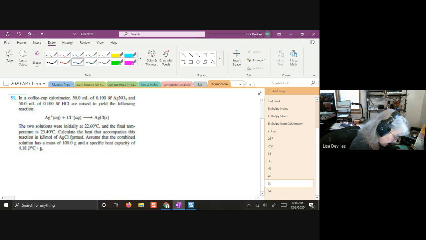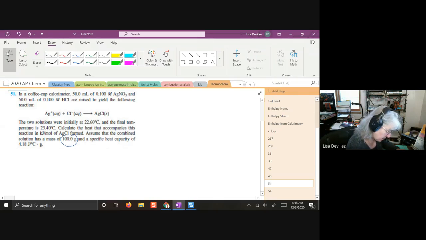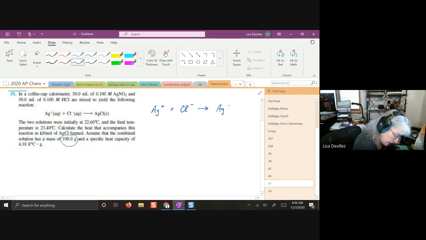This one is telling us to use a solution mass of 100 grams, and that the solution has the same specific heat as water. Okay, so let's look at what we've got here. This is just giving us our net ionic equation to use.